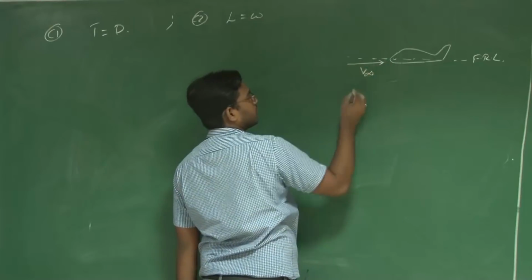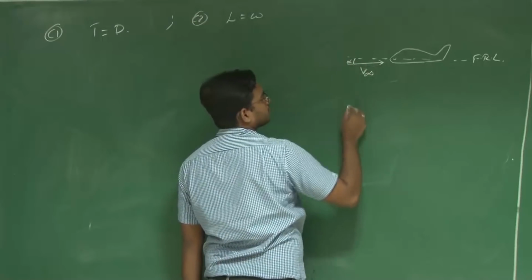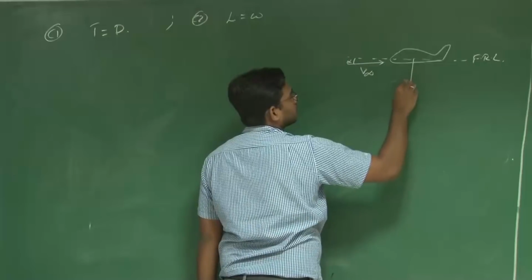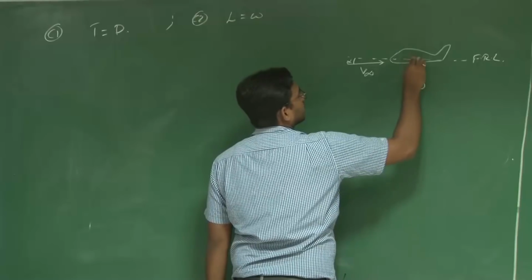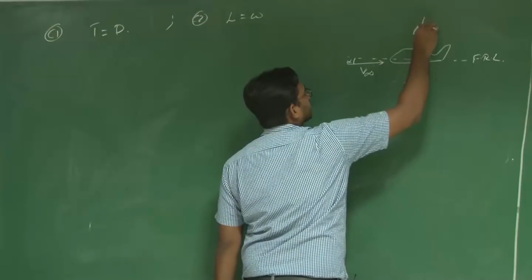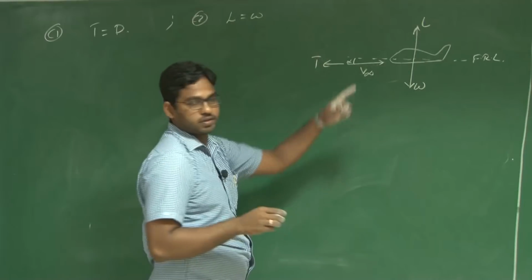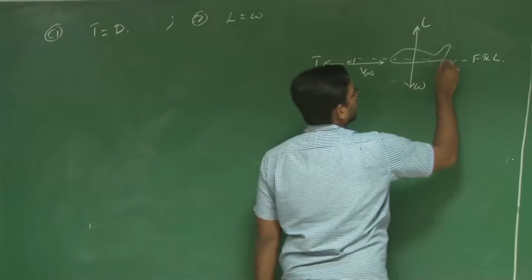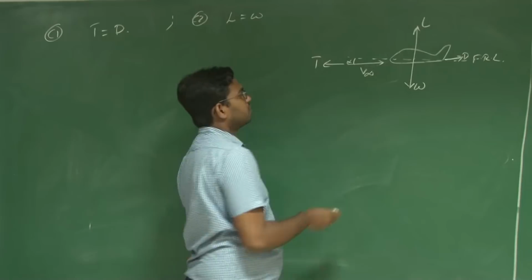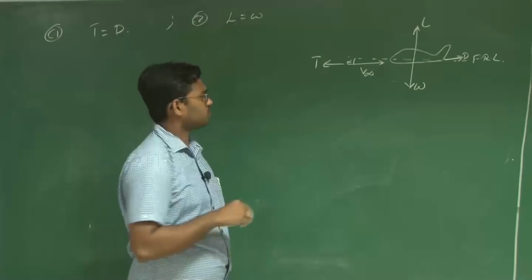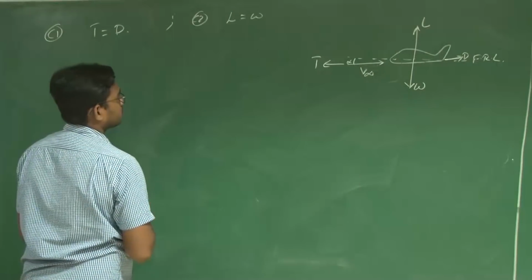That means the aircraft is moving in this direction, and this is your alpha. Weight is acting perpendicular to the local horizontal, and lift is acting perpendicular to the free stream. Since epsilon is 0, you have thrust along the free stream and drag acting along the free stream. So this V infinity is parallel to the local horizontal here. That means gamma is 0.